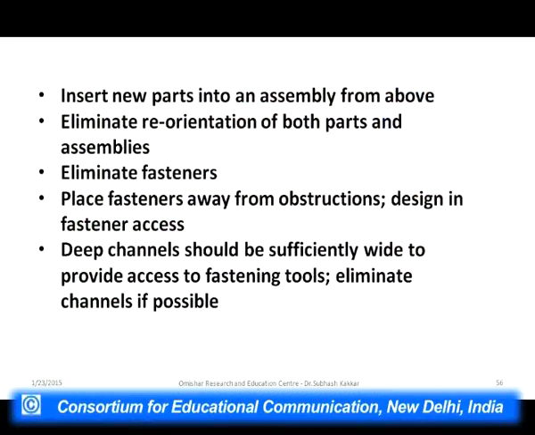Insert new parts into an assembly from above, eliminate reorientation of both parts and assemblies, eliminate fasteners, place fasteners away from obstructions, design in fastener access. Deep channels should be sufficiently large to give space for use of spanners.